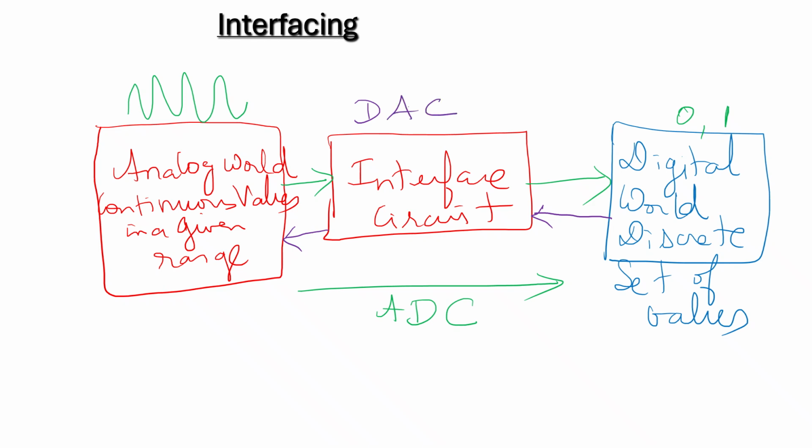So both ways we need an interfacing circuit to convert analog signal to digital signal or digital signals to analog signal. So where are we going in for these kind of interfacings?